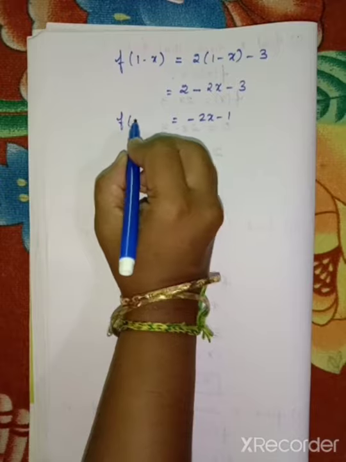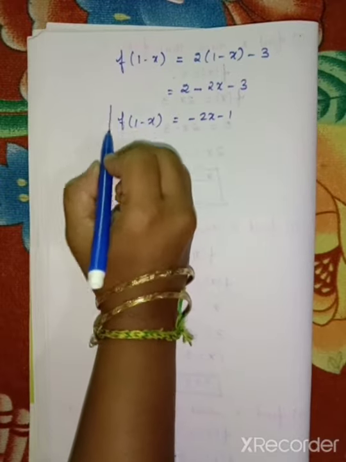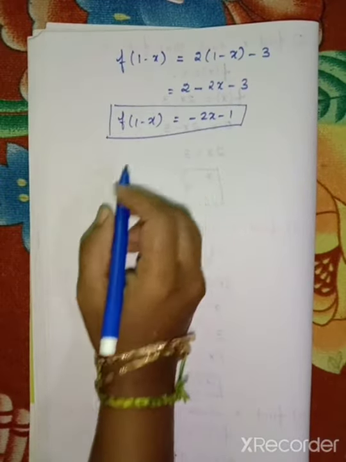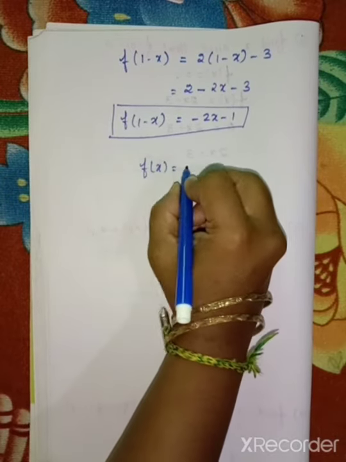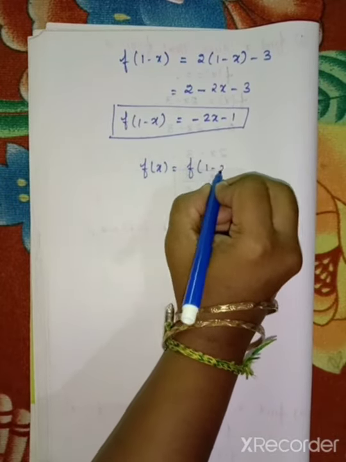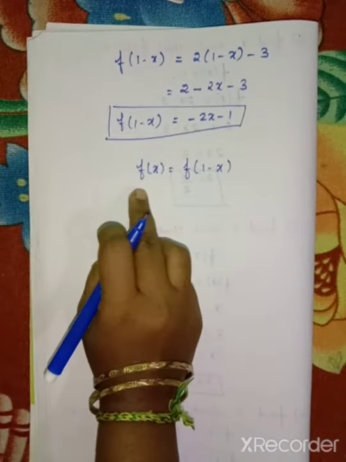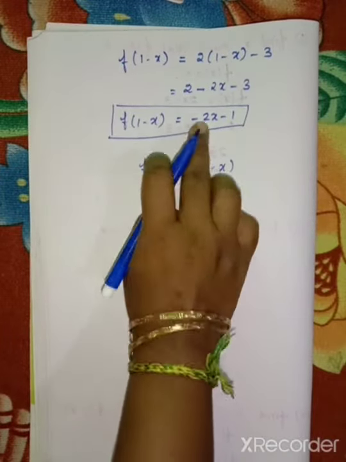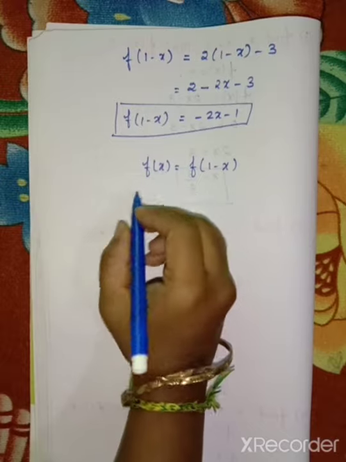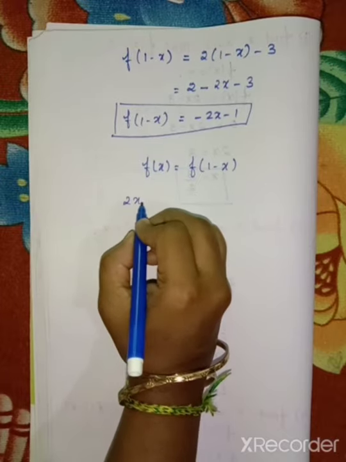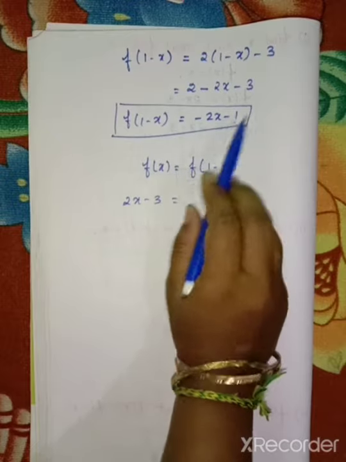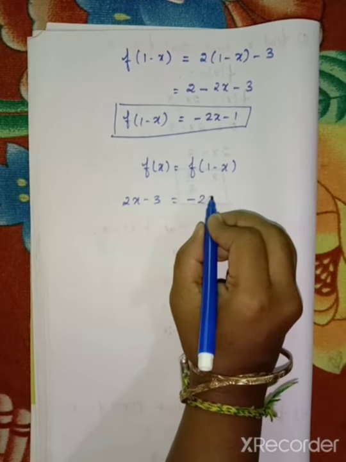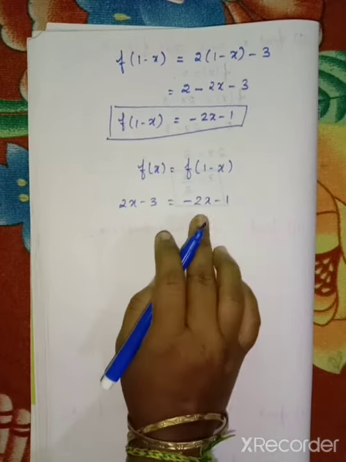This is the value for f of 1 minus x. In the question the condition is f of x equal to f of 1 minus x. So now just substitute and find the value for x: 2x minus 3 equal to minus 2x minus 1.